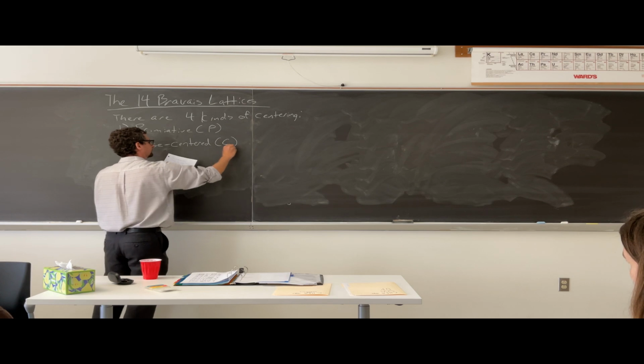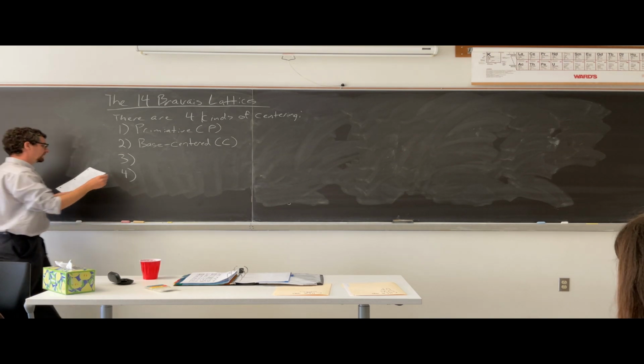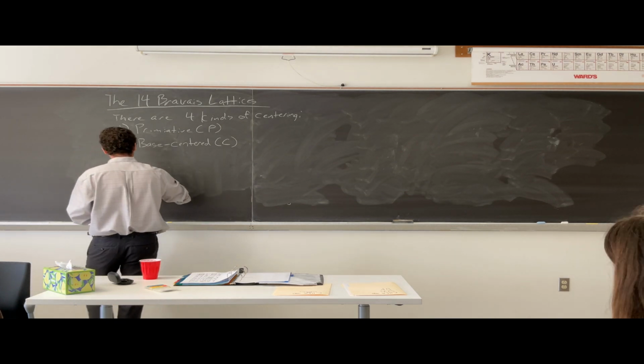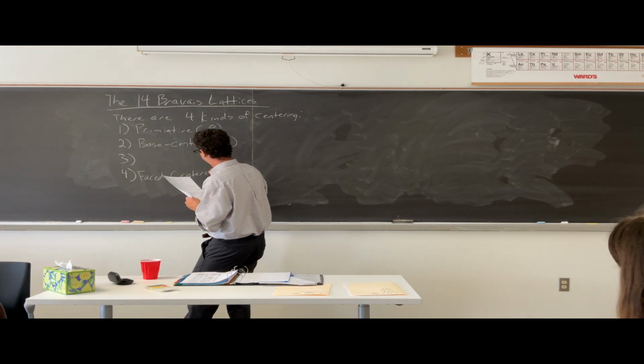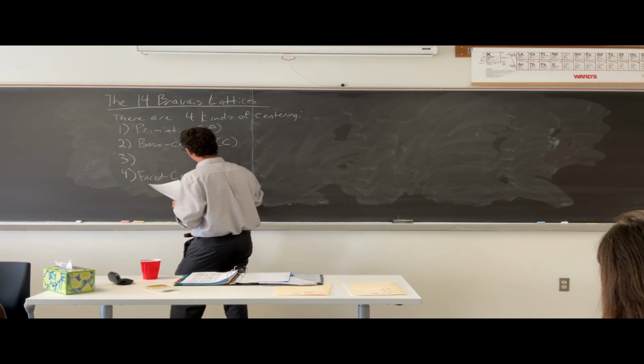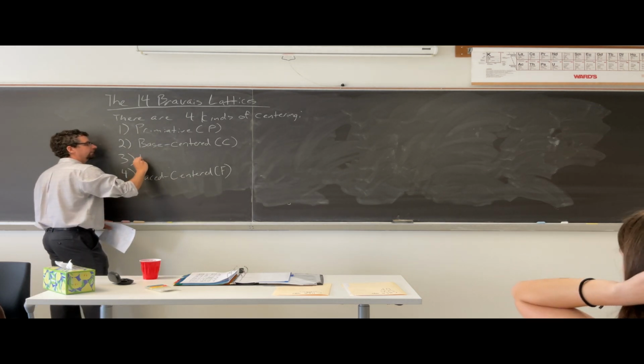Oh, no, I think you mentioned it and said you don't care about it. What are the other centereds? Yep, face-centered. That's the last one I'm going to put down. And then what's the last one that we didn't put in?